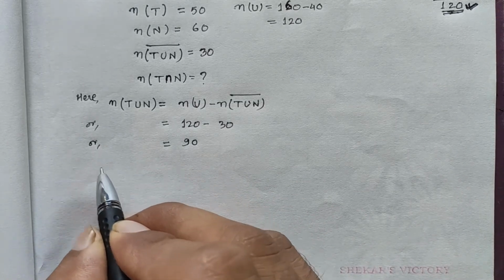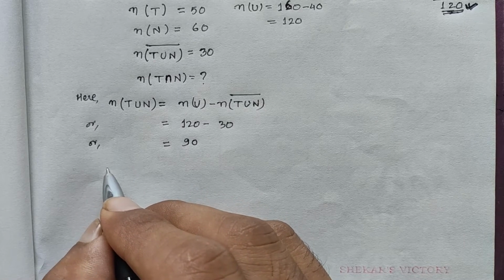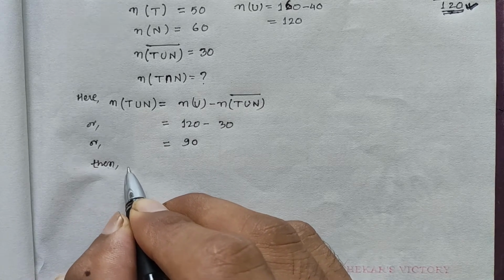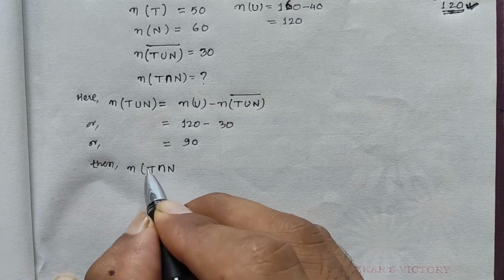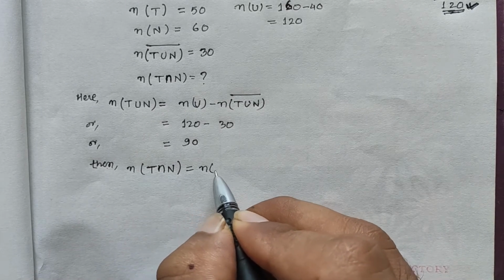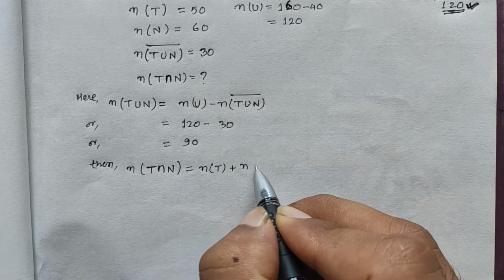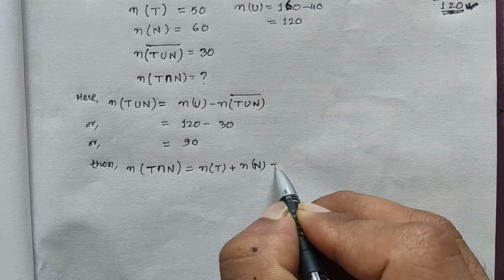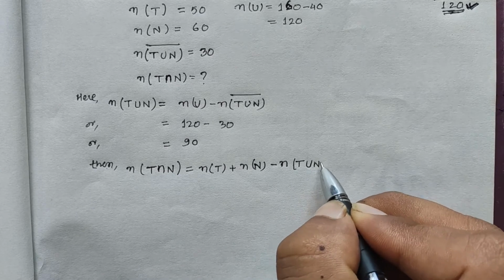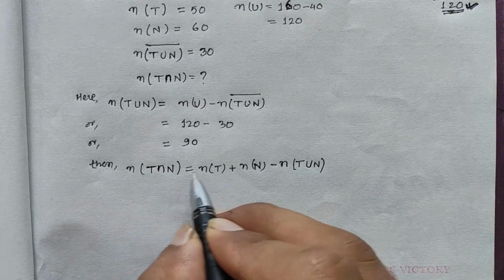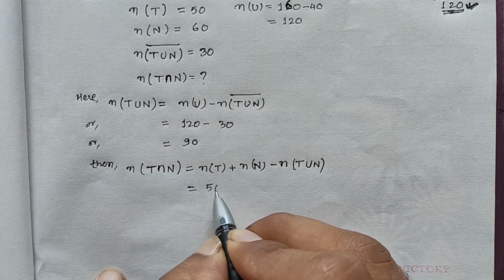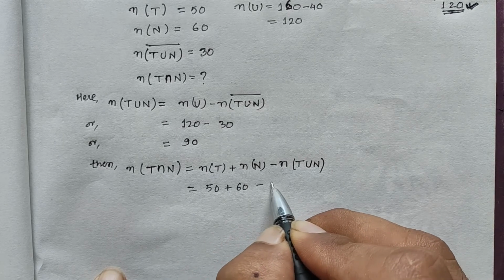Just write that over here, and then after that you can find the intersection. So N of T intersection N is how much? You can use the direct formula: for A intersection B, it is N A plus N B minus N of A union B. Now we have all the values there: 50 plus 60 minus 90.